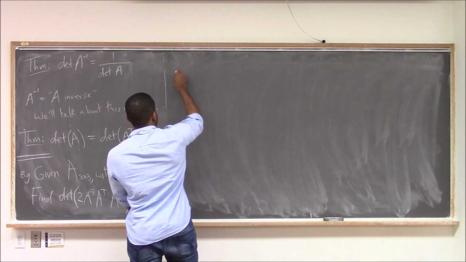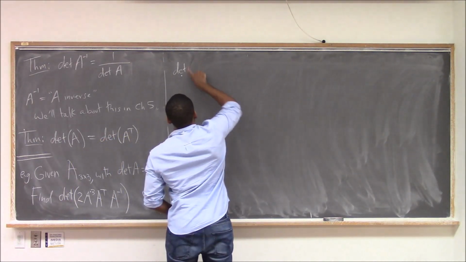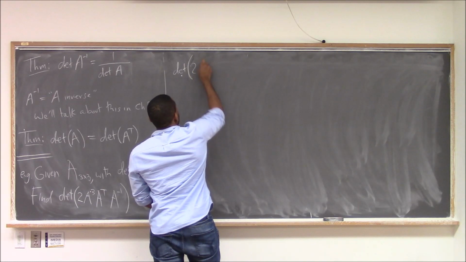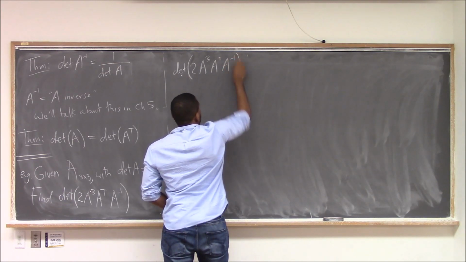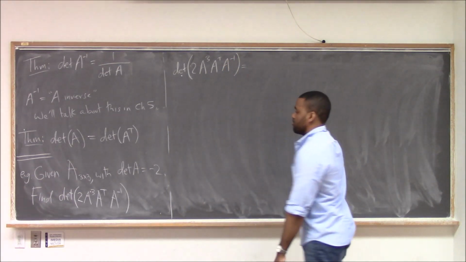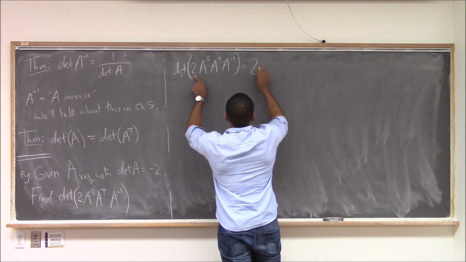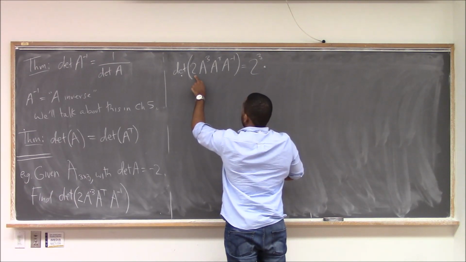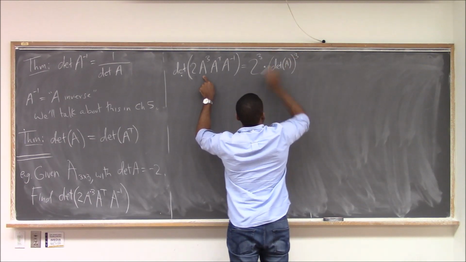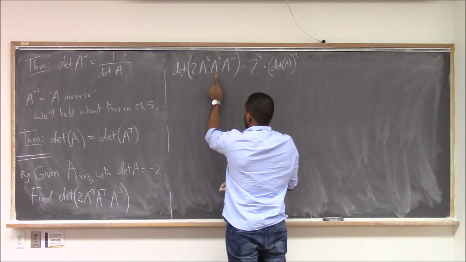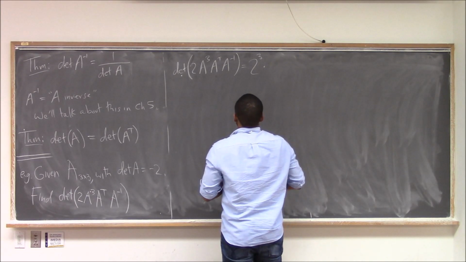So the idea is here, the determinant of 2A cubed A transpose A inverse is going to be equal to, first of all, what do I do with the 2 according to the theorem? I would take it to 2 to the power 3, multiplying by the determinant of A cubed.